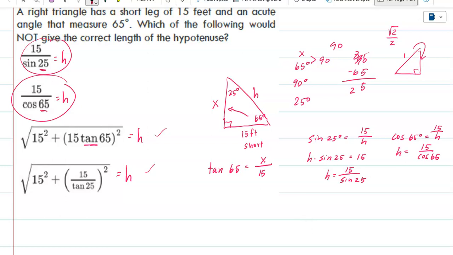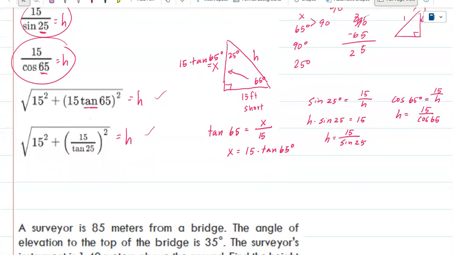So if I solve for x, it becomes 15 times tangent of 65 degrees. So I can put that here. Then to find the hypotenuse, it would just be the Pythagorean theorem, which is 15 squared plus 15 tangent 65 squared equals h squared.